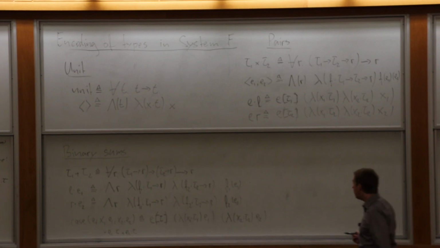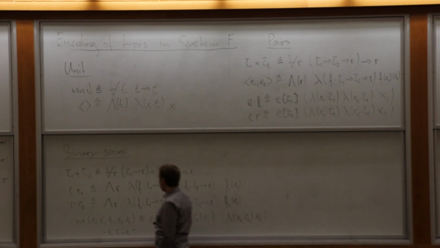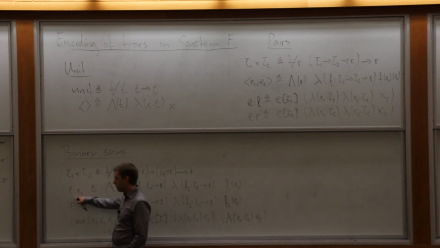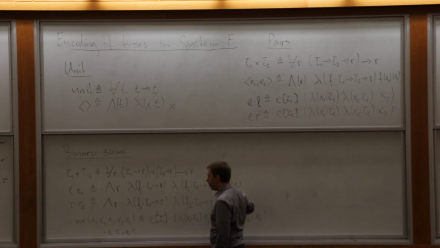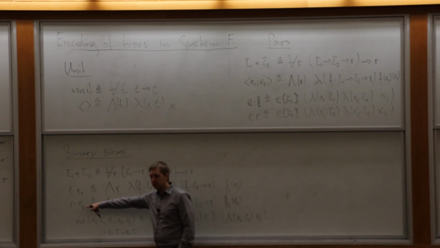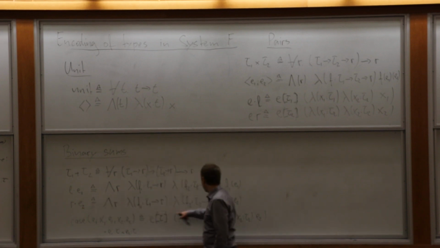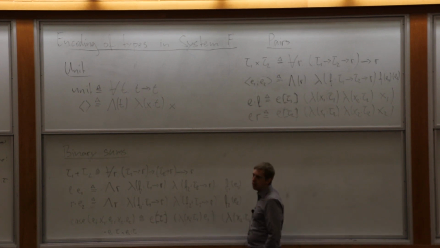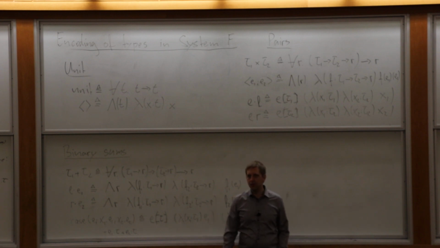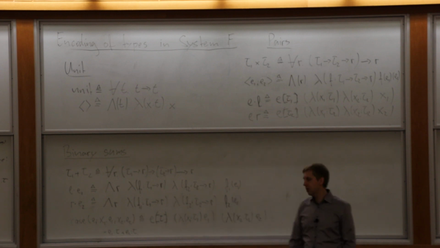If E happens to be the left injection, then we will run the code of the F1, which is basically the E1. If E happens to be the right injection, well, then we're going to run F2, which is basically E2. So it does exactly the right thing, what we wanted to do.